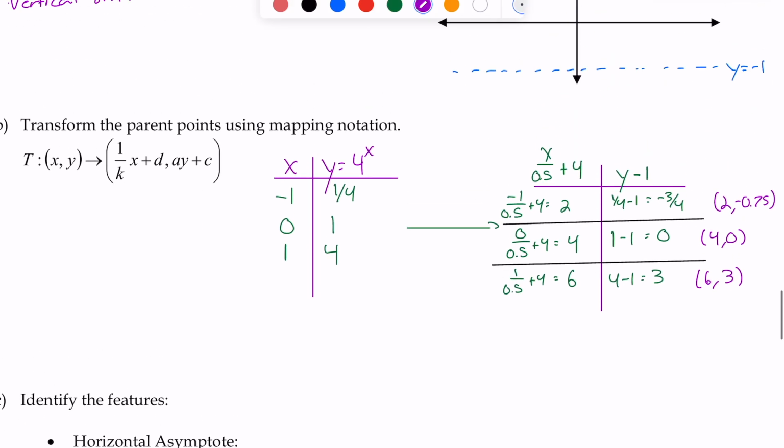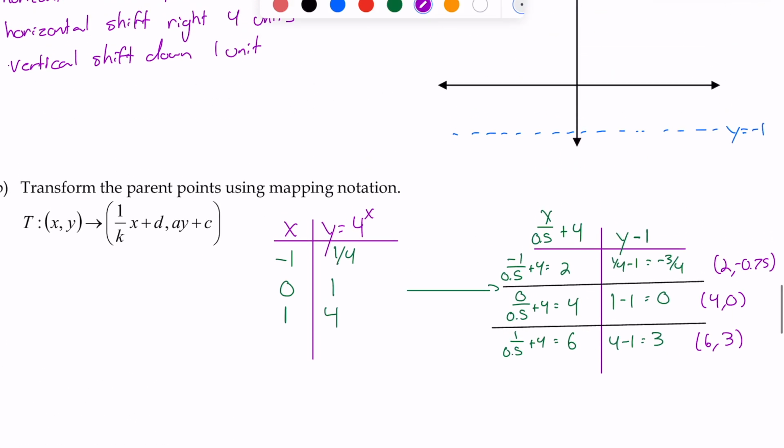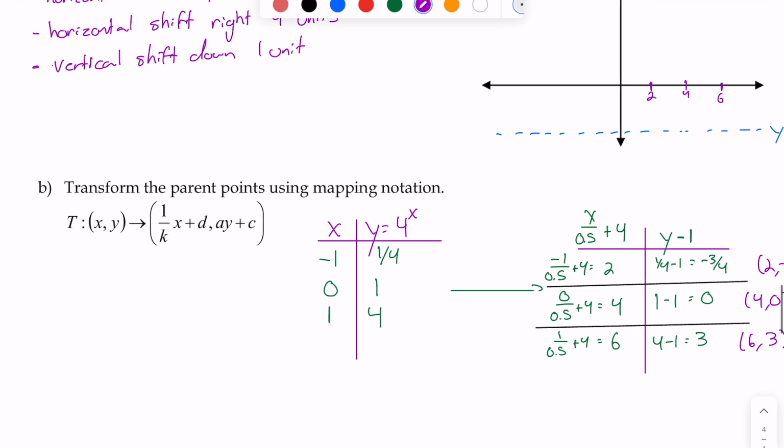So let's put those on the graph at 2 and -0.75. Our other x is going to be 4, and our other x is going to be 6. I'll just put those there so we can see: 2, 4, and 6 on the x. So at 2, we're at -0.75, which would probably be right about here.